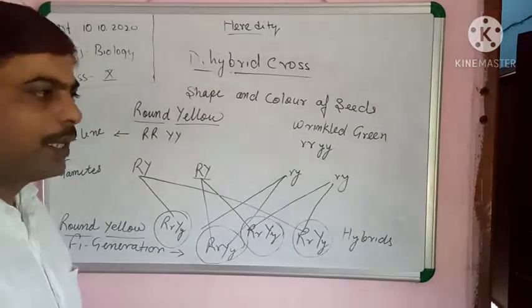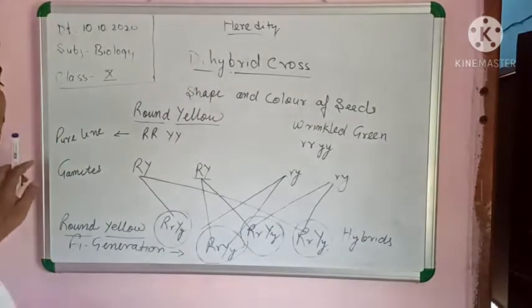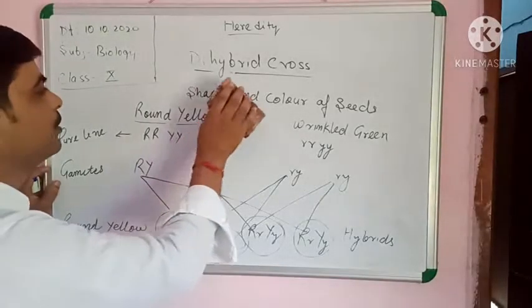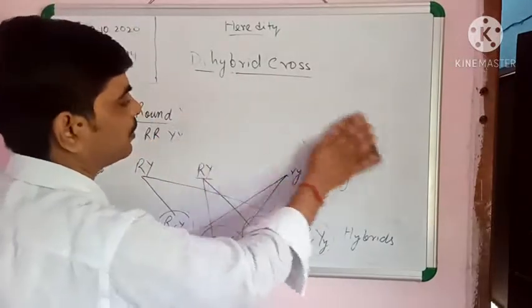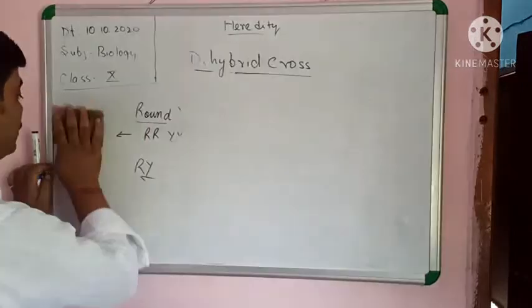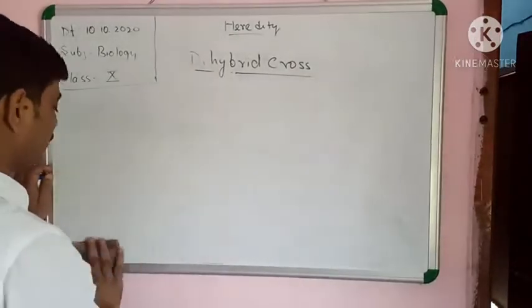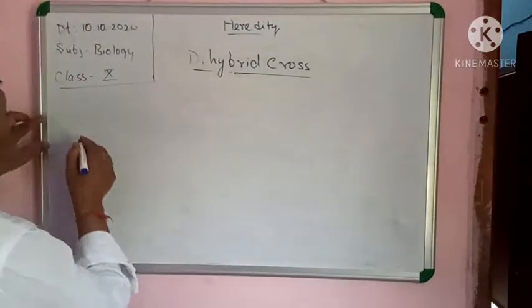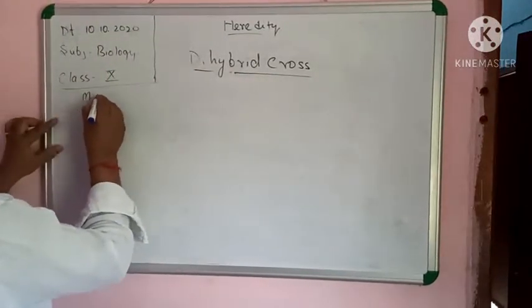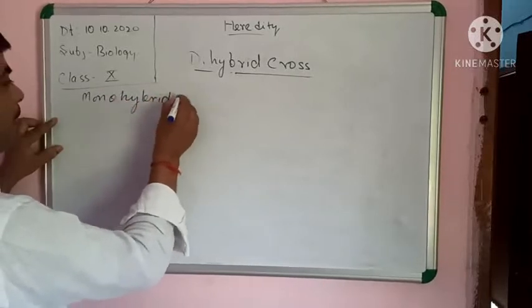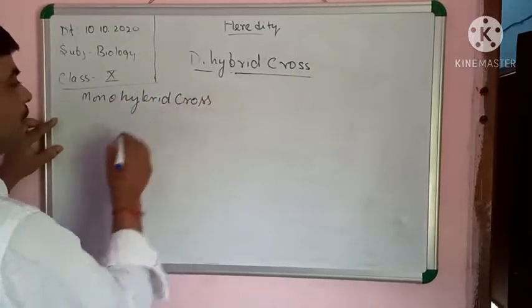Now, in the F2 generation, they are allowed to self-breed. They are allowed to self-breed. I am erasing here to draw the F2 generation. Okay. See here. If we talk about the monohybrid cross, what we did?